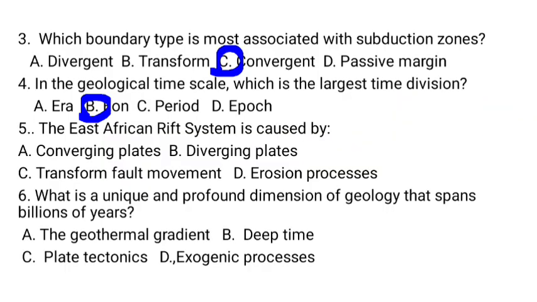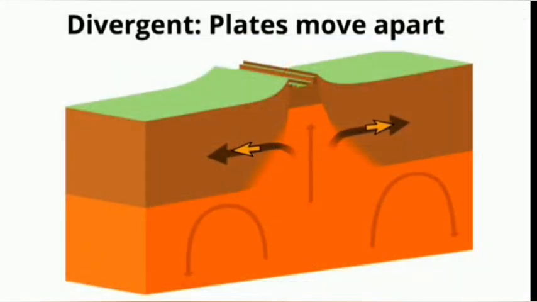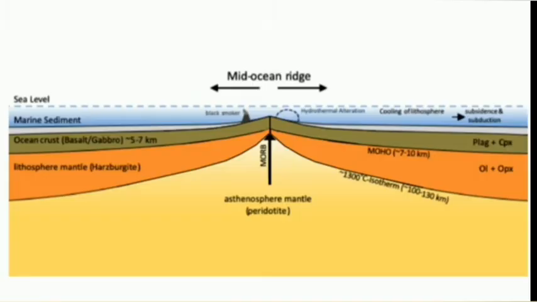Finally, the plate movements and the plate boundaries are divided into three major boundaries. Divergent boundary is when the plates are moving apart from each other. African Rift Valley and the Mid-Atlantic Ridge are formed. Why?